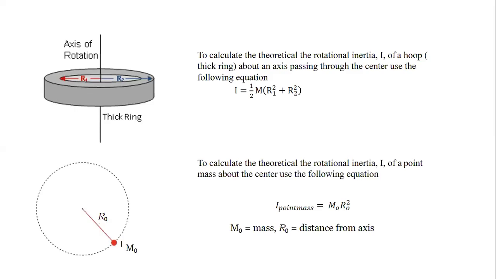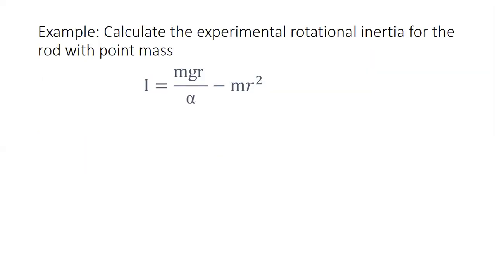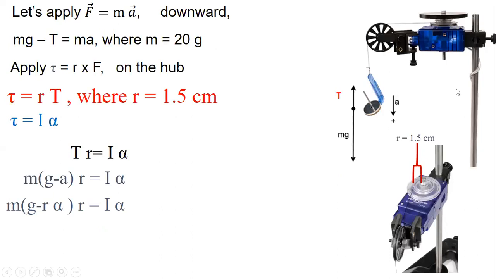So this is the picture that I'm referring to. This string and the hub over here and the pulley, there's friction acting on it, but we just ignore that. So that will add an error factor into our calculation.